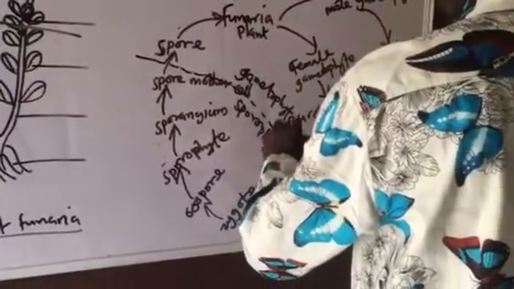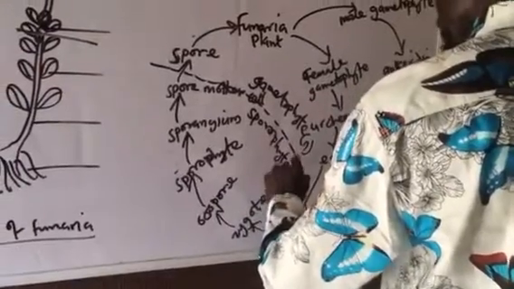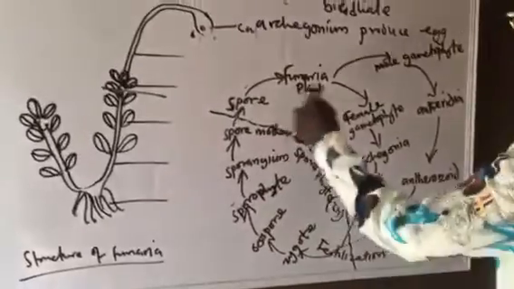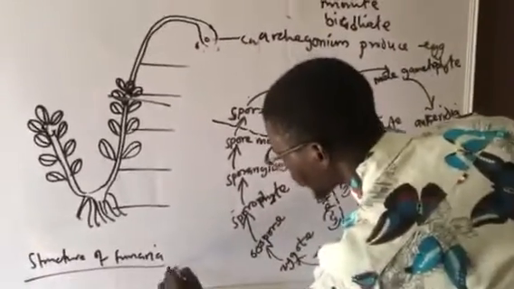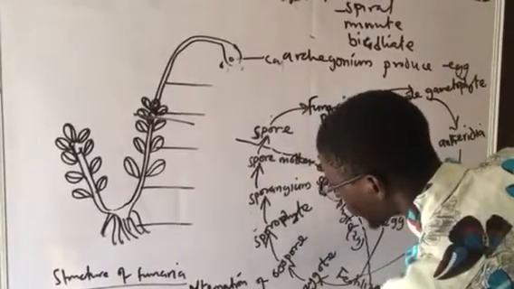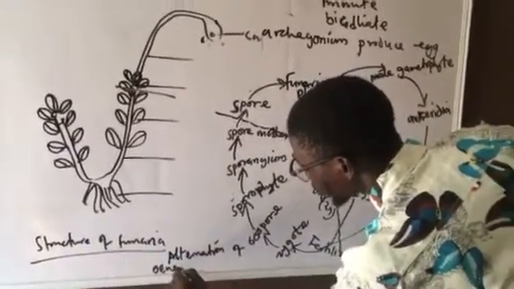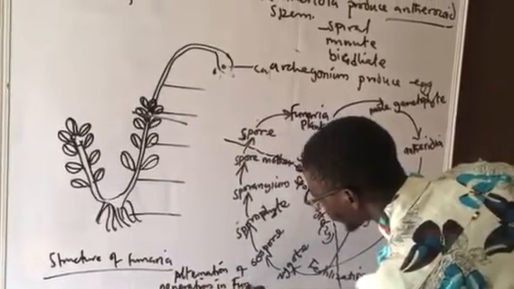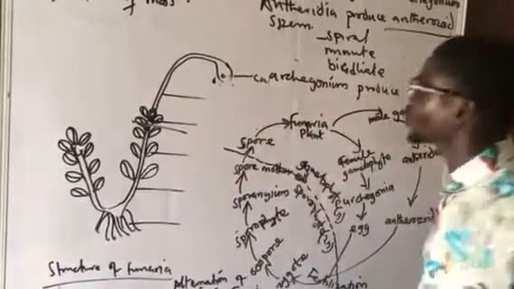The gametophyte is N, while the sporophyte is 2N. So everything that happens here is 2N, everything that happens here is N. This is the alternation of generation in Funaria. That is the explanation.